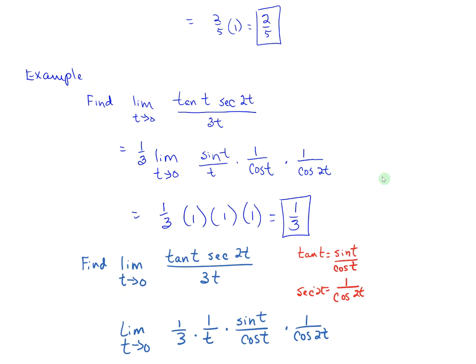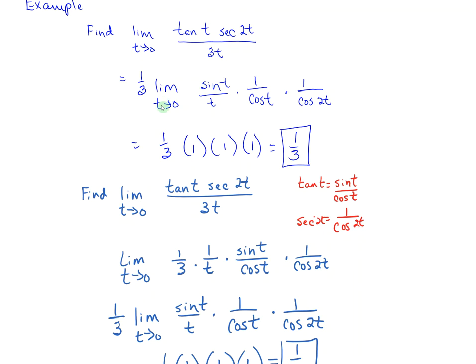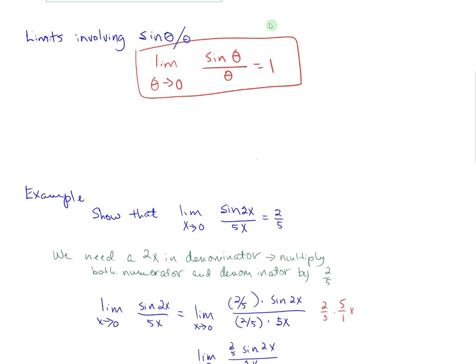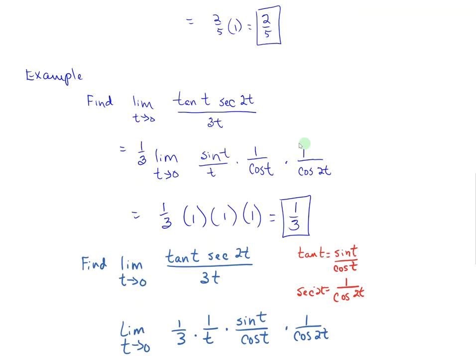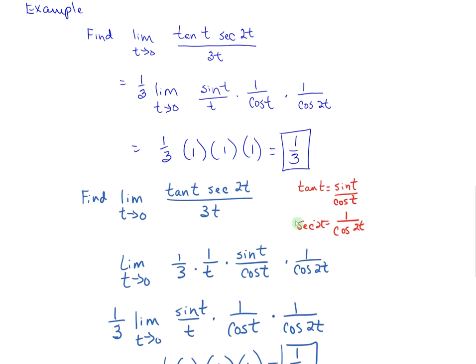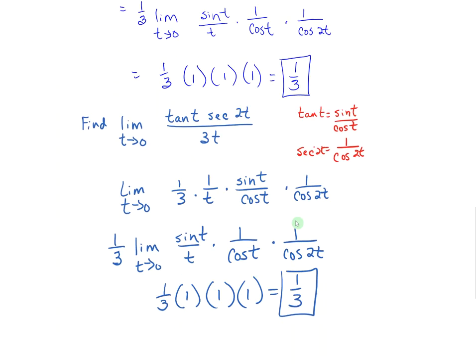And so now sine t over t, as t goes to 0, you've got this rule, so that's going to be a 1. 1 over cosine t, well, cosine of 0 is 1, so that's a 1. If you plug in 0 here, you've still got 1 over cosine 0. Cosine 0 is 1, so you've got 1/3 times all those 1s. It's just 1/3.